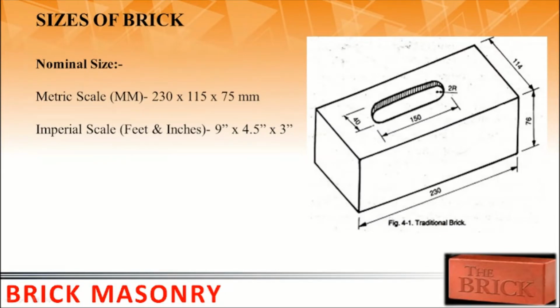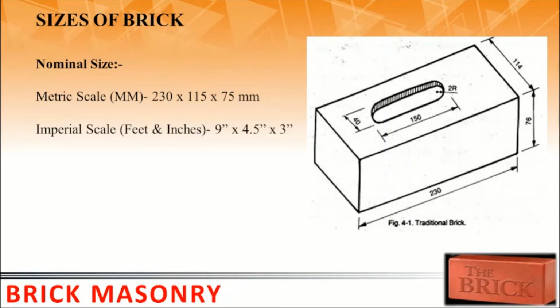Okay, so now first let's understand what brick is. We all know that for any measuring unit in which we can measure a component or anything, there are two ways. First is the metric scale, which is mm.